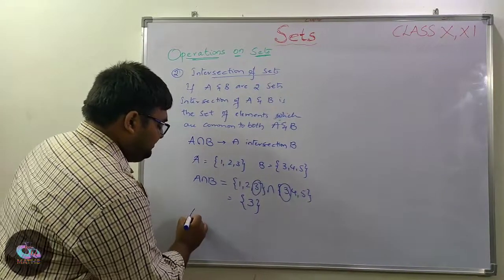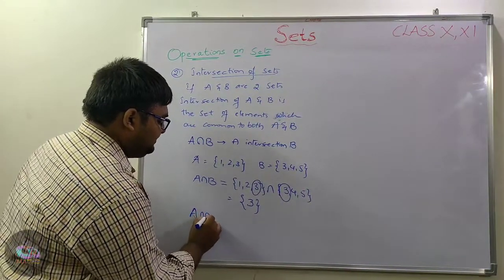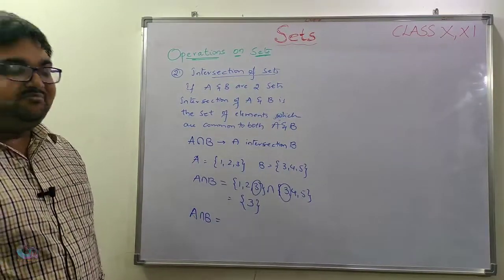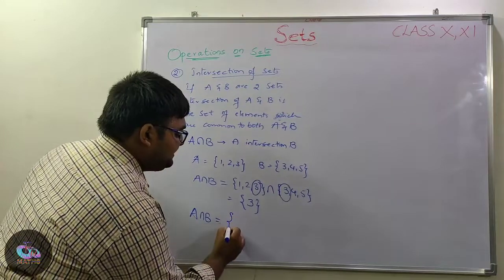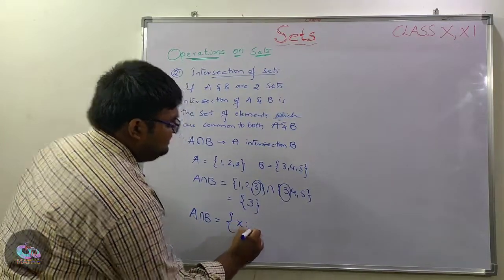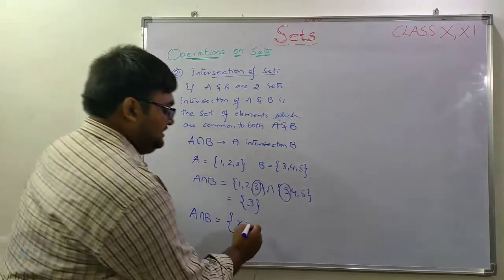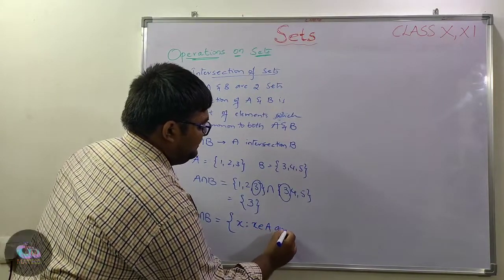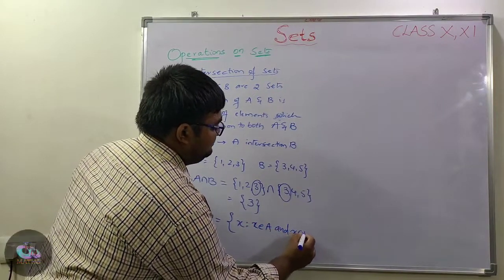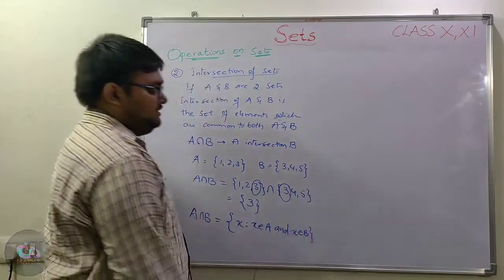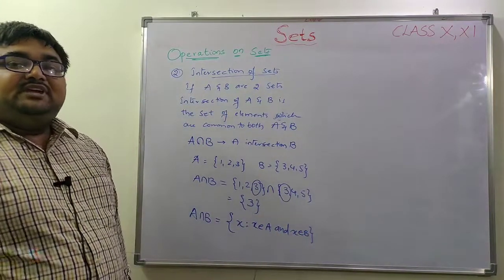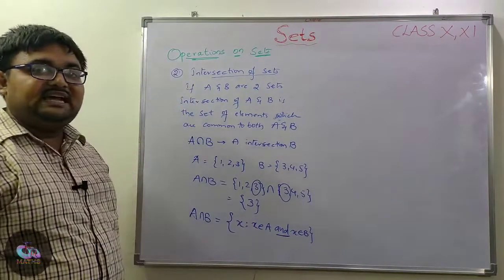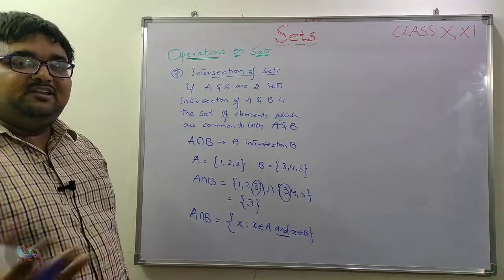Now if you want to represent the set builder form of A intersection B, it is given by x such that x belongs to A and x belongs to B. Previously for union we used the phrase OR, which means either in this or in that or in both.